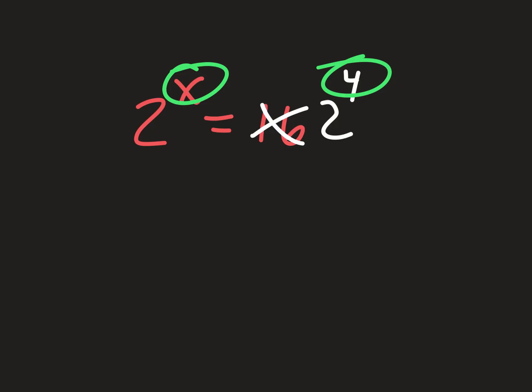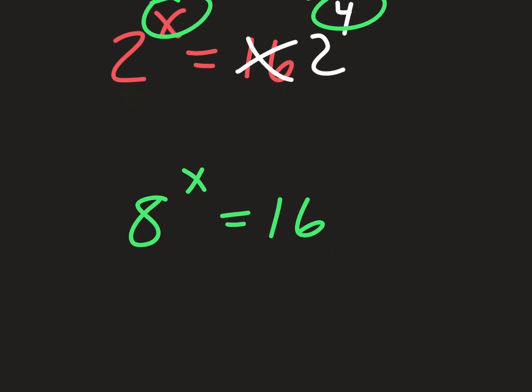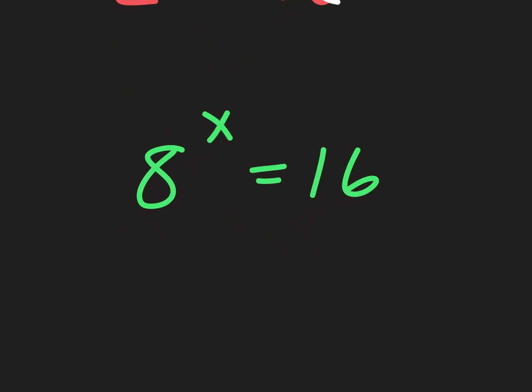Here's the hardest kind. 8 to the x equals 16. Because you can't make the base 8 and you can't make the base 16. So what are you going to do? Make the base what? Say it. 2. Good. Make the base 2.